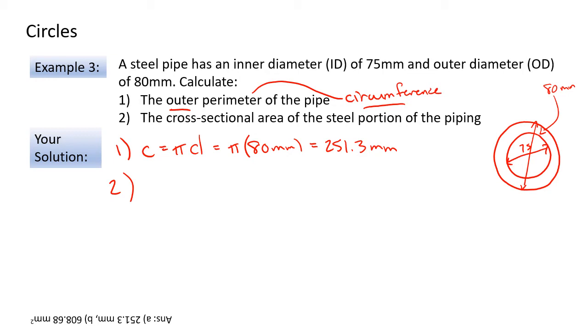Part number 2 is looking for the cross-sectional area of just the steel portion. In other words, this area in between. Okay? In other words, the thickness of the pipe. So a lot of times they'll have a rating, especially if you get into pipes that are like copper or larger pipes.